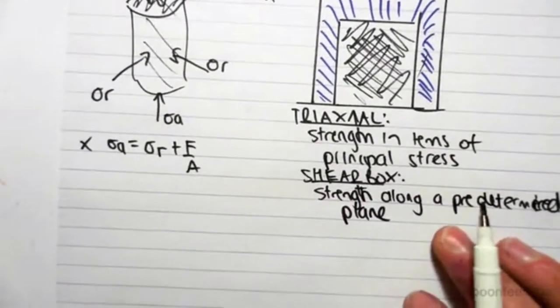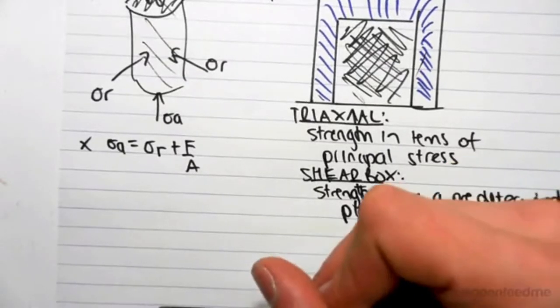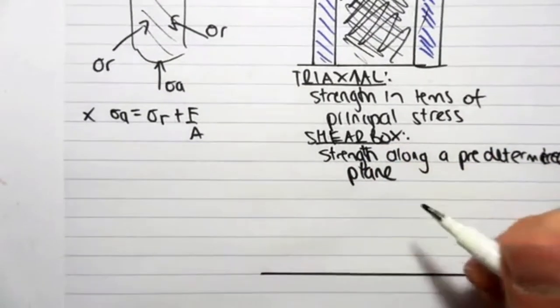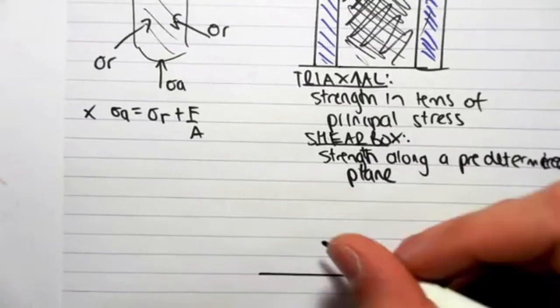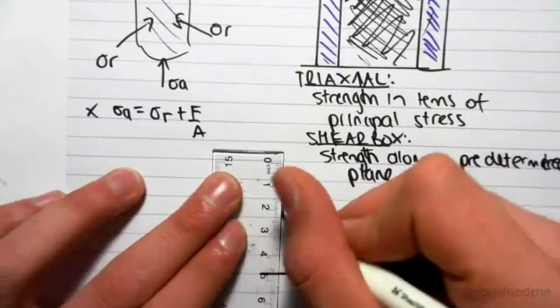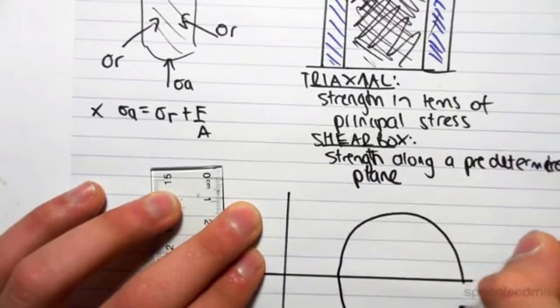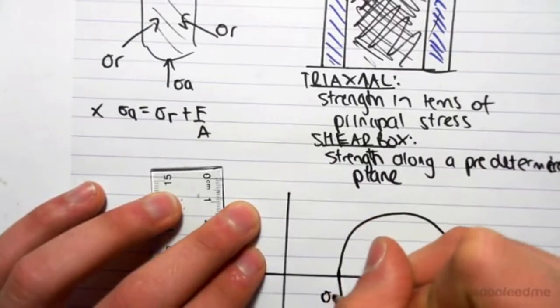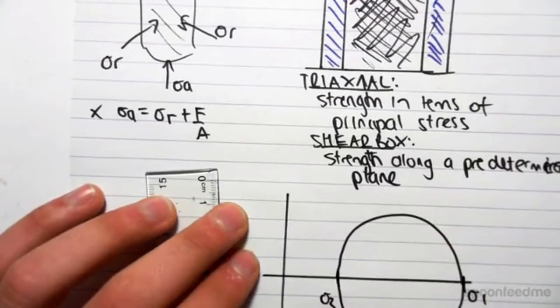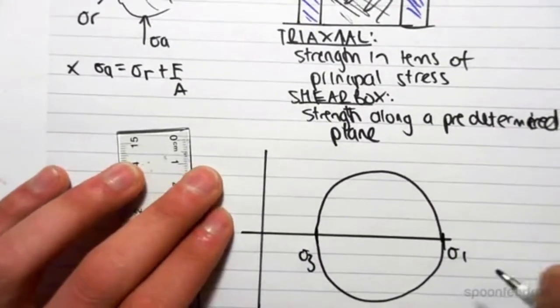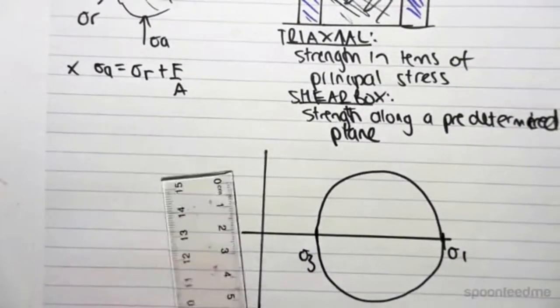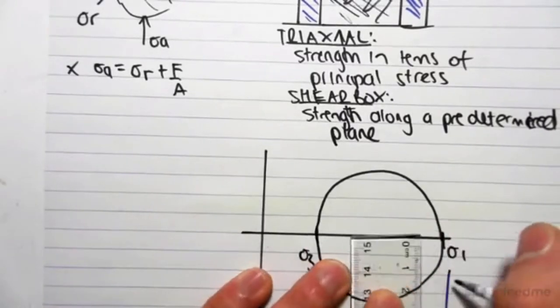So what we can do is we can construct a Mohr's circle, which is a graphical representation of the stress, the normal and shear stress at any point. So if we were to draw an axis, we would have a Mohr's circle. Let's call this sigma 3 and sigma 1. So sigma 1 and sigma 3 are the principal stresses. Those are the values we would obtain from our test.